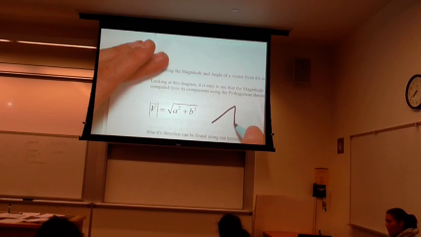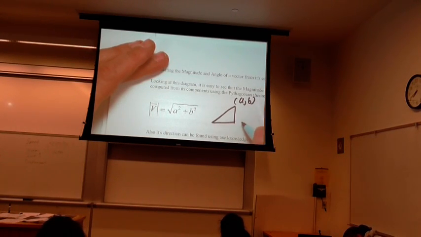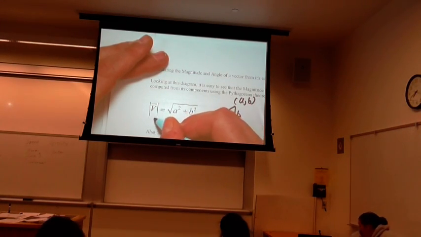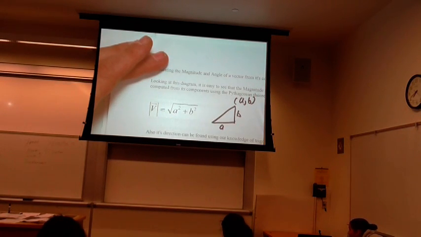We know that the coordinates A comma B are here. This will be length A, this will be length B, and immediately we can see that the Pythagorean theorem comes in, right? The magnitude or norm of the vector is just the square root of the sum of the squares of the components.